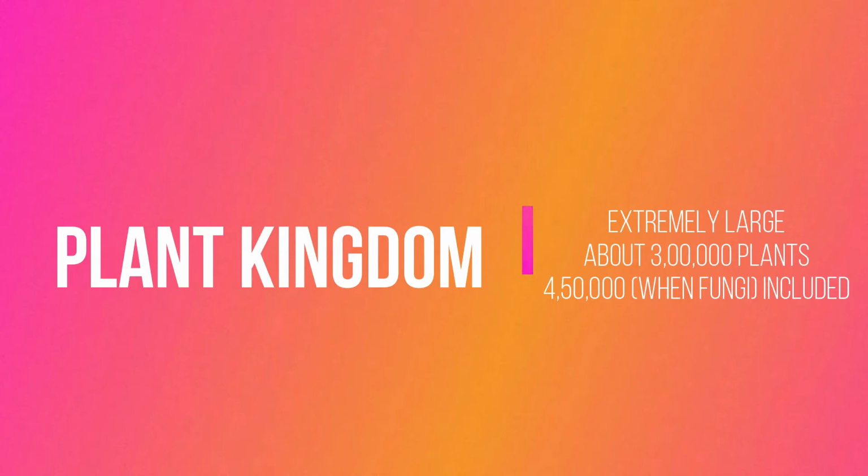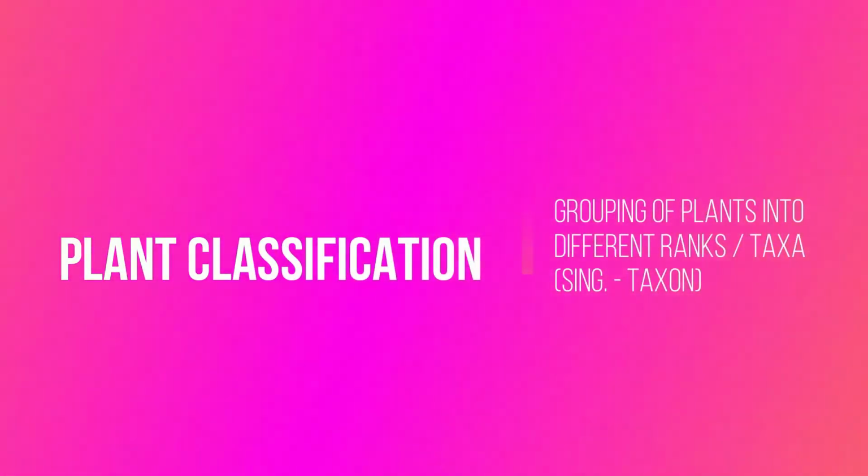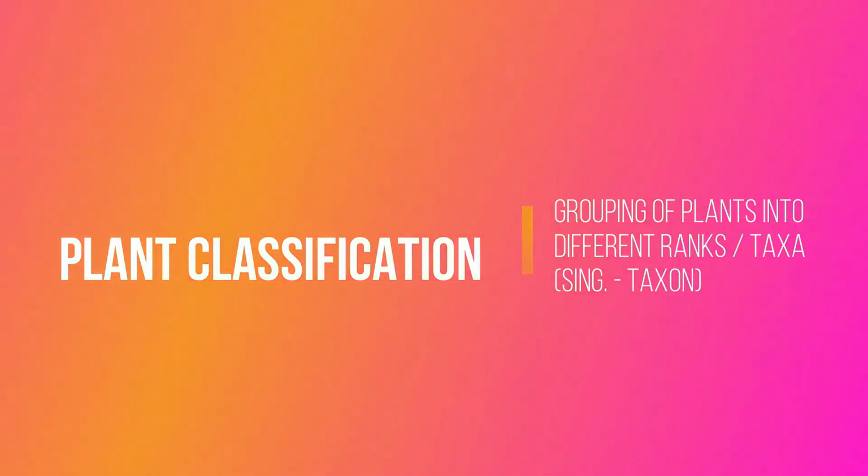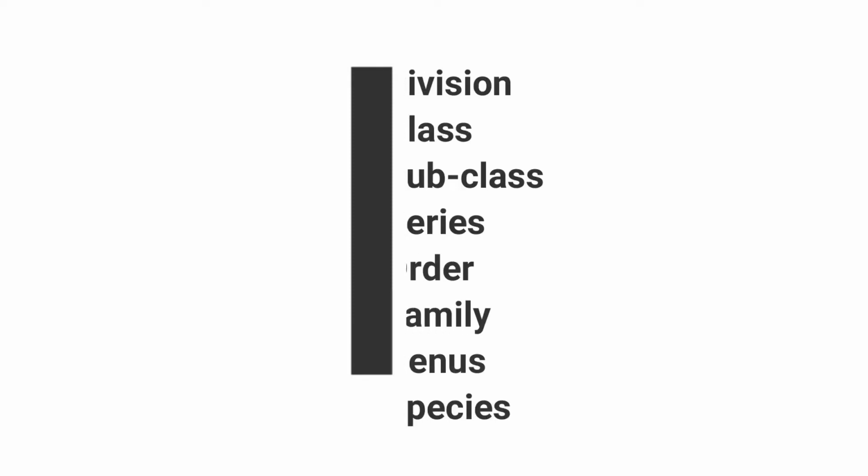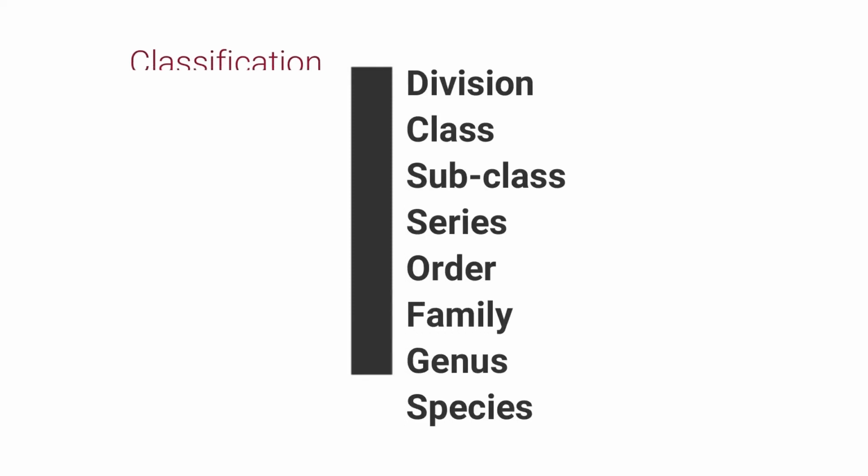Plant classification is the grouping of plants into different ranks or taxa. When you use it in a singular form, it is called taxon, okay? Such as species, genus, family, order, class, and division, according to their degree of resemblances or differences in their characters, which primarily is of morphological in nature.